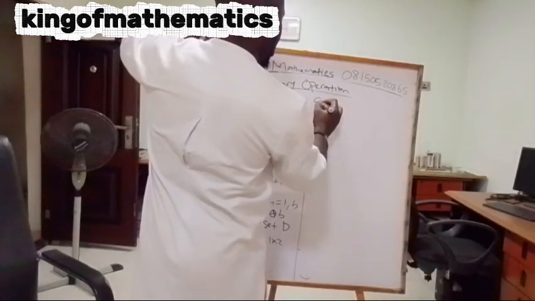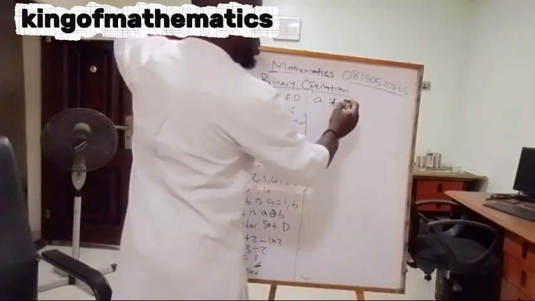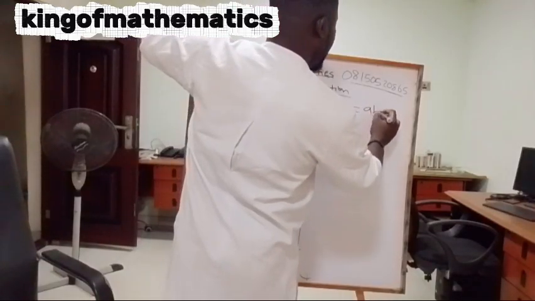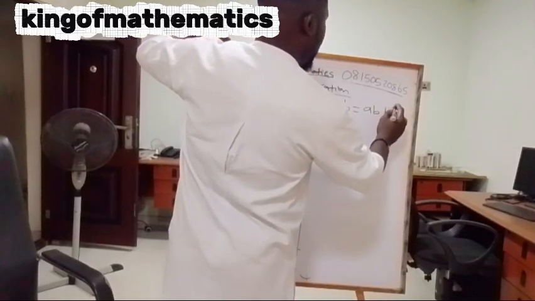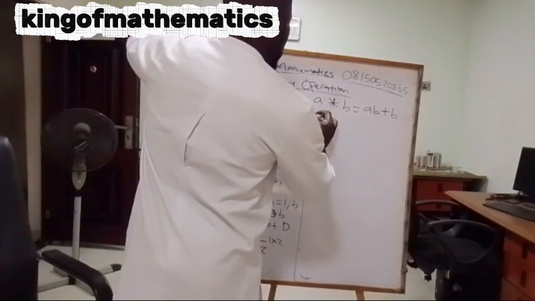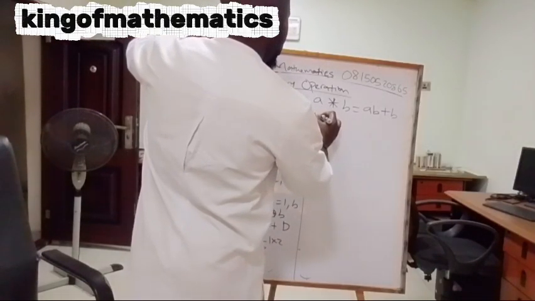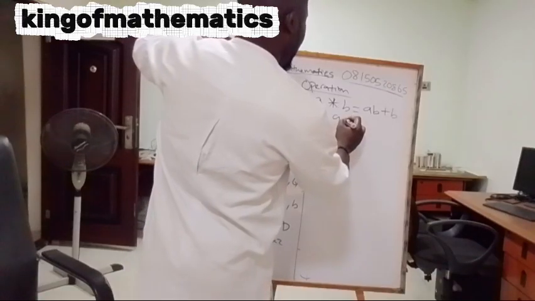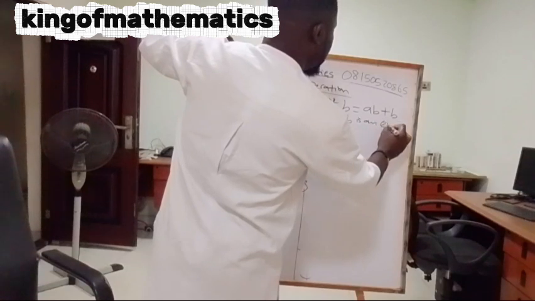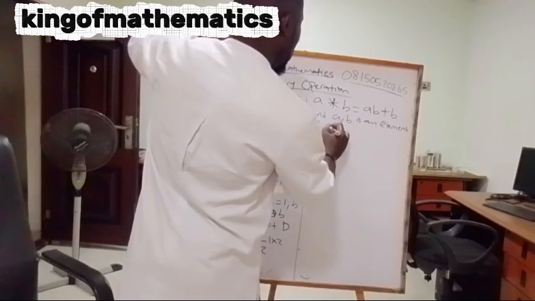If I say A asterisk, that's the operation I want to use. A operation B is equal to AB plus B, and A, B is an element of odd numbers.